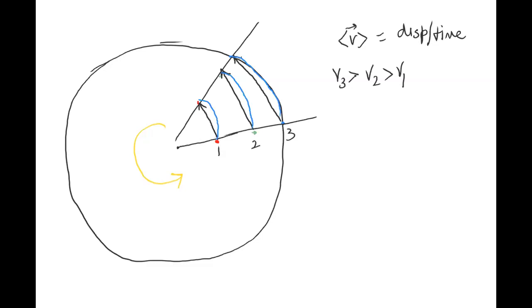The instantaneous velocities of all three particles will be different. The speed of the three particles will be different, whether you find the average speed or the instantaneous speed. And therefore, of course, the acceleration of each and every particle is going to be different.